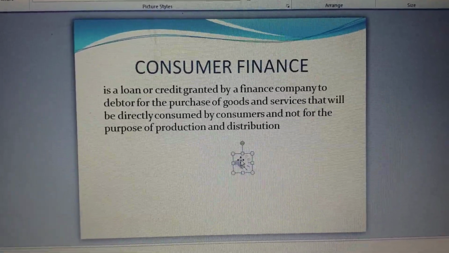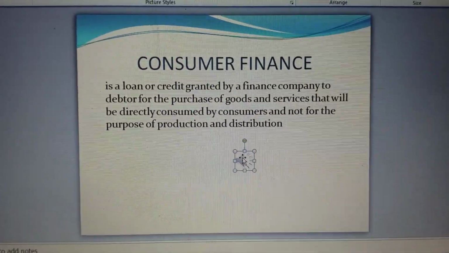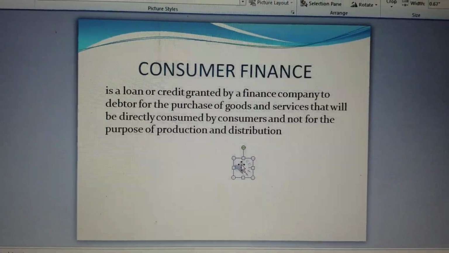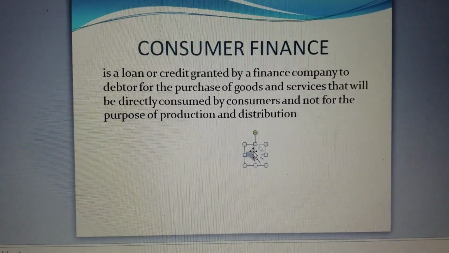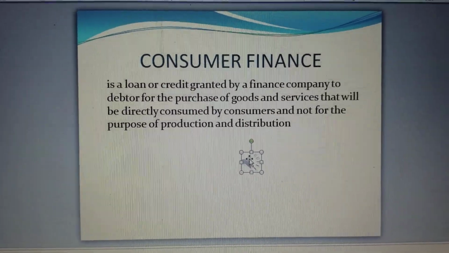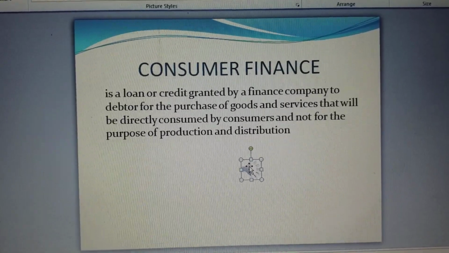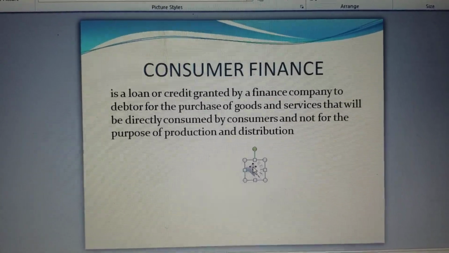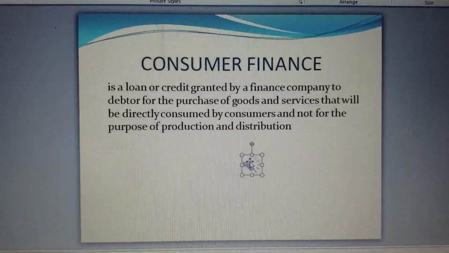These goods and services are to be consumed by the customer, not for doing business, not for trading or making services to earn profit or money. The goods and services will be directly consumed by the consumer and not for the purpose of production or distribution.